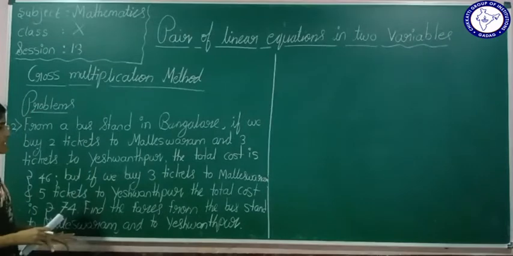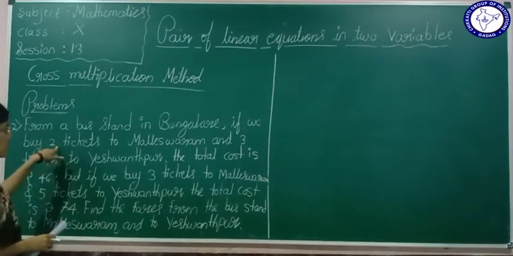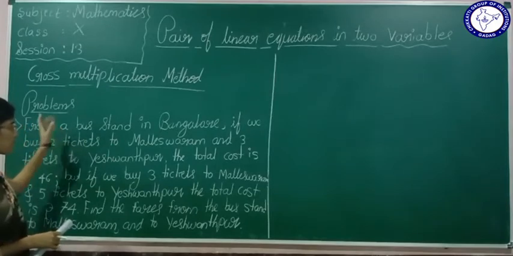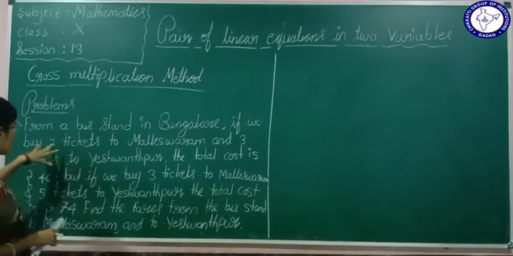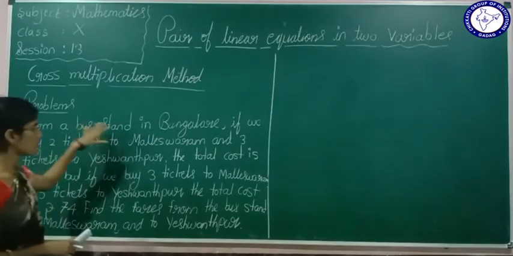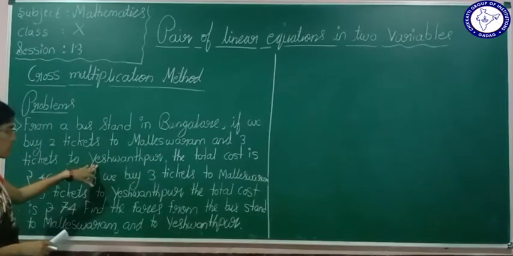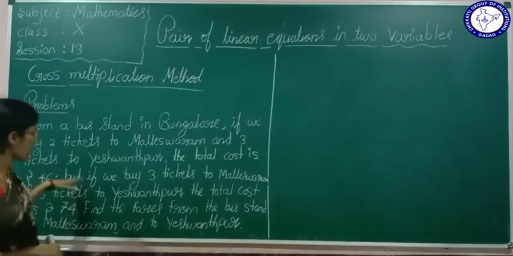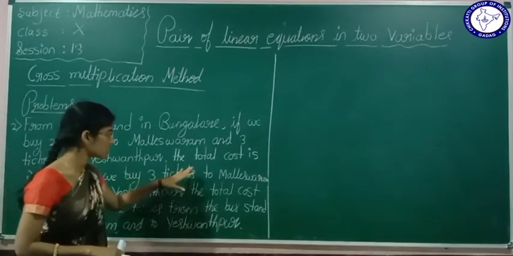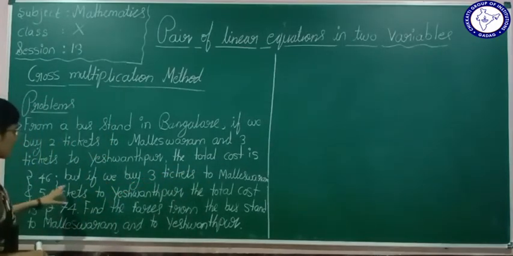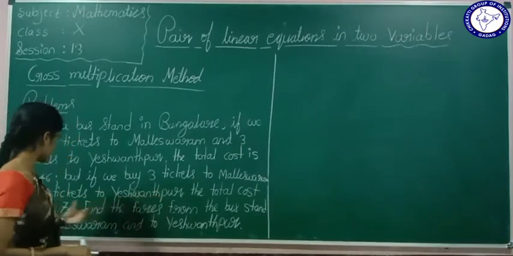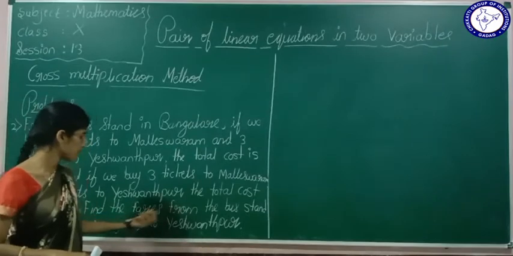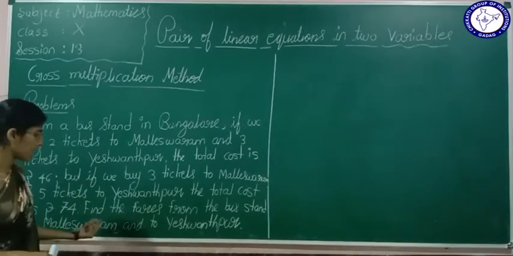And again, if you buy 3 tickets to Malleshwaram and 5 tickets to Yashwantpur, the total cost is rupees 74. Find the fares from the bus stand to Malleshwaram and to Yashwantpura.